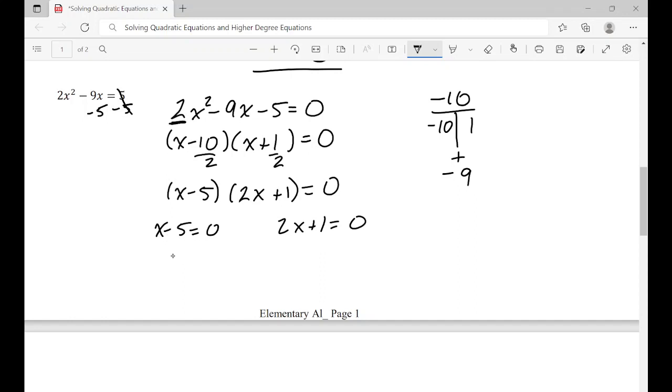So add 5 over, x equals 5, one solution. Then subtract 1 and divide by 2, x equals negative 1/2. And this is the second solution to this quadratic. So make sure that everything is moved to one side and that your equation is set equal to 0 before you factor and try to solve.